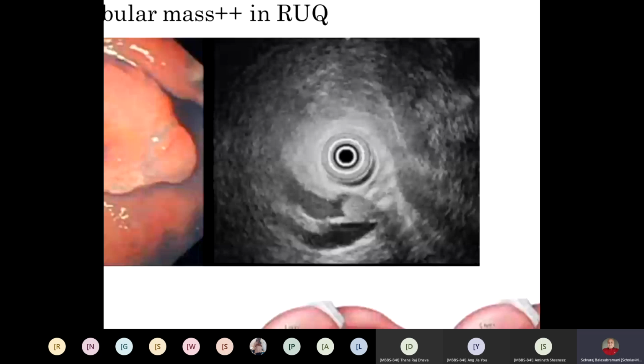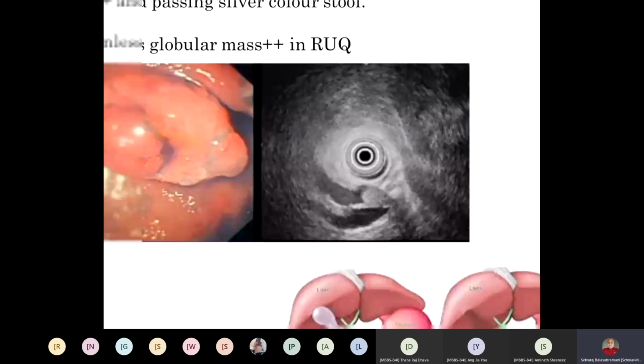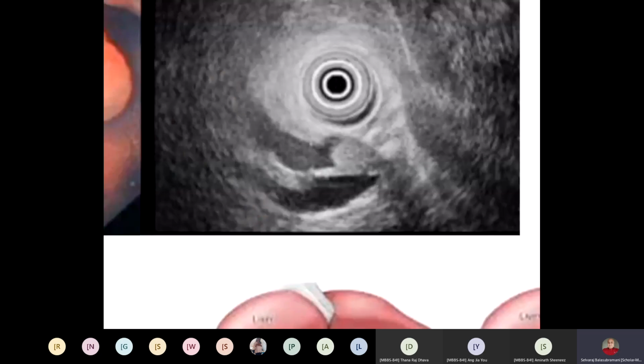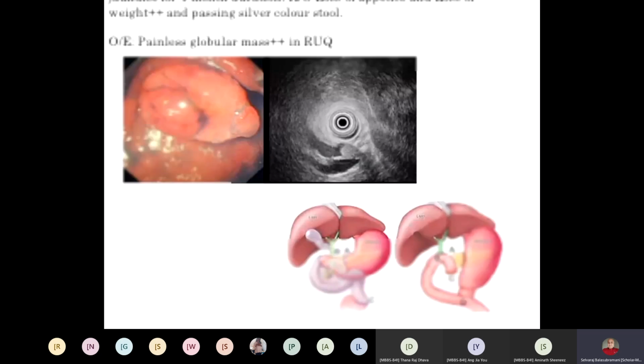This is called EUS or endoscopic ultrasound. I told you this is a hybrid instrument. Endoscopy is one technology, and ultrasound is another technology. They combined both, and this is a hybrid instrument. You are seeing the tumor there. How much it is invading, everything you can make out precisely.